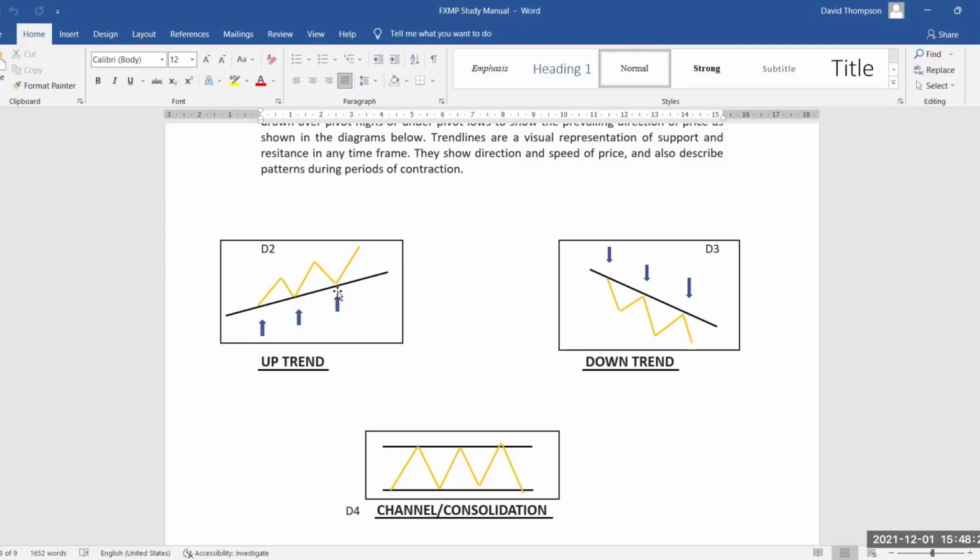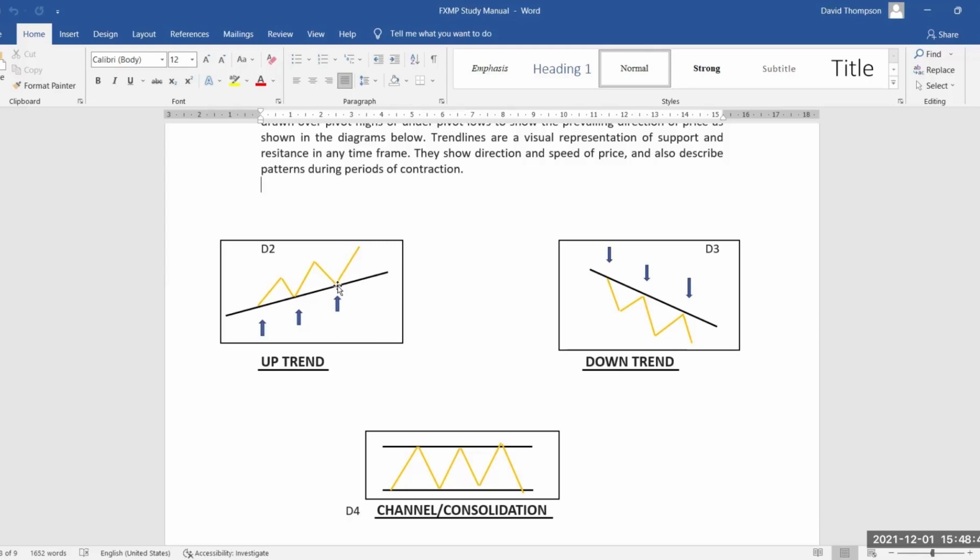This is significant. This validates a trend. Having price bounce off of the trend line 2 times is good. It's okay, you start to look at it and say maybe something is happening here. But when you get that 3rd bounce, you know that you have a trend.